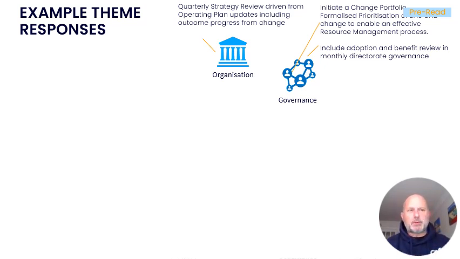So, for example, the issues we found, we collated them against the organisation heading, and the response to the problems we raised earlier is that we need a quarterly strategy review process driven from progressing operating plans and including outcome progress from the change initiatives that we have.